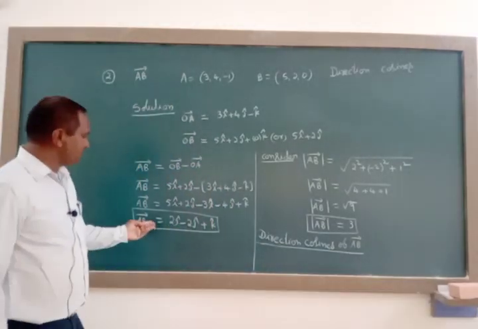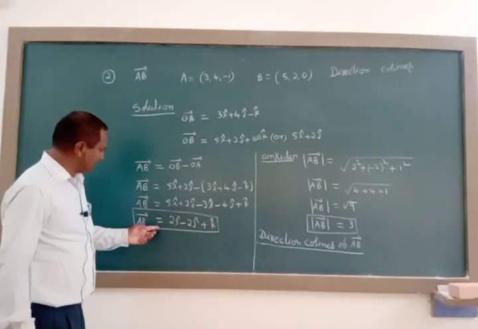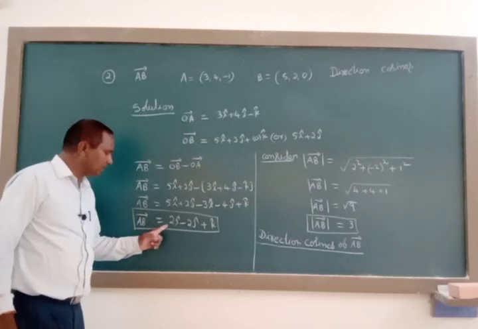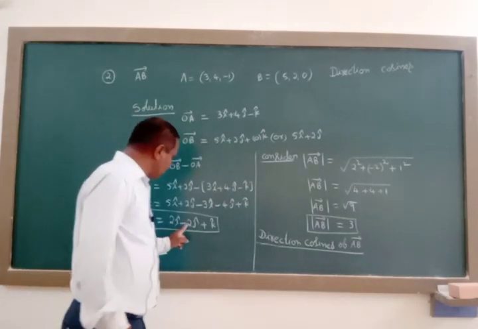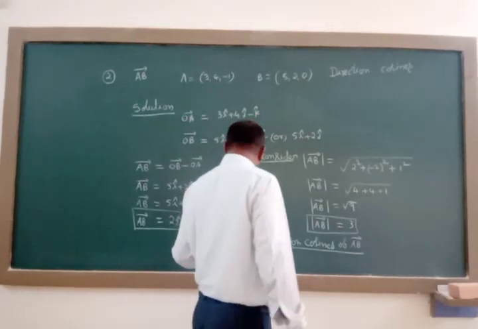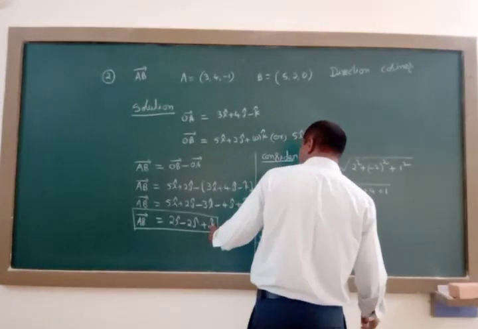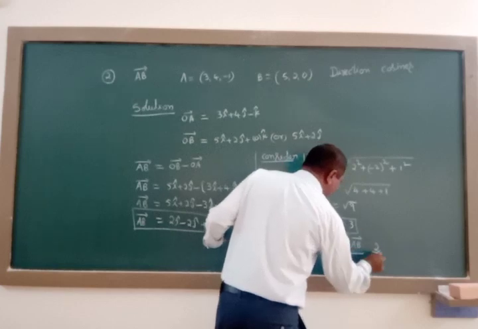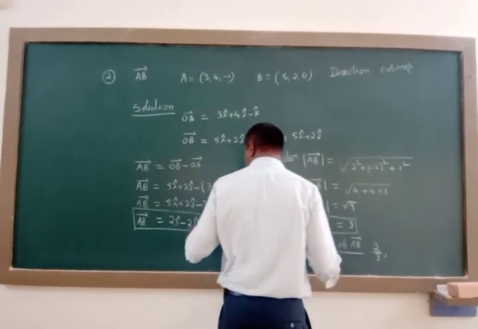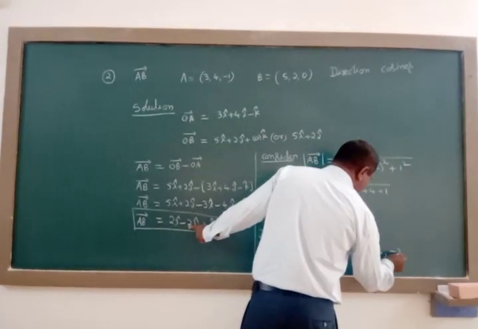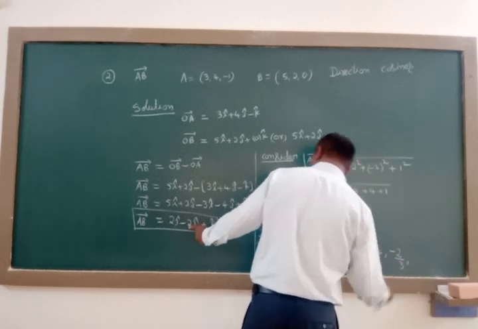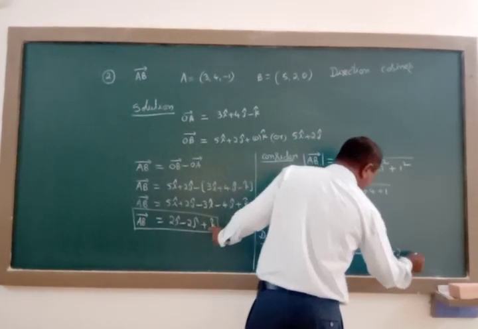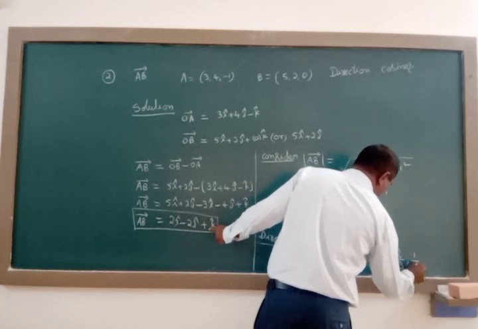What are the coefficients of i cap, j cap and k cap from the vector AB bar here? They are 2, minus 2, 1. Therefore, direction cosines of AB bar can be written as 2 by its magnitude 3, next coefficient minus 2 by its magnitude, and the last coefficient, the k cap coefficient 1, by its magnitude.